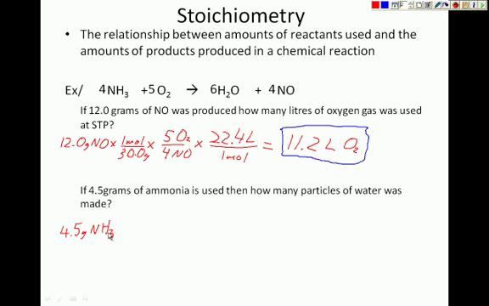Now, the first thing I always do when I'm doing my stoichiometry is pretty much change it to moles. So I'm going to change it to moles. So 1 mole is equal to the molar mass of ammonia, which is 14 plus 3 is 17.0 grams.